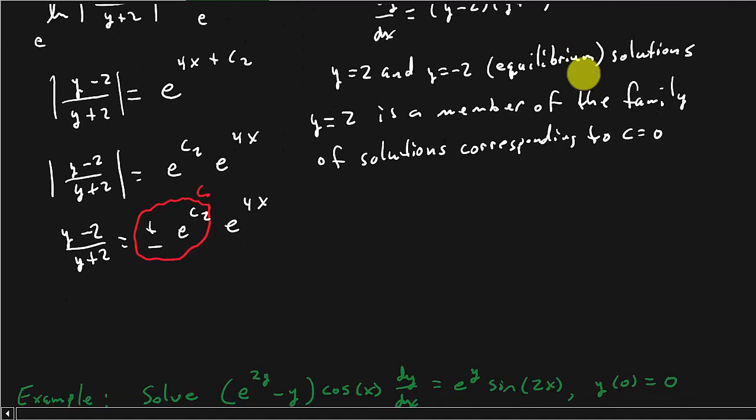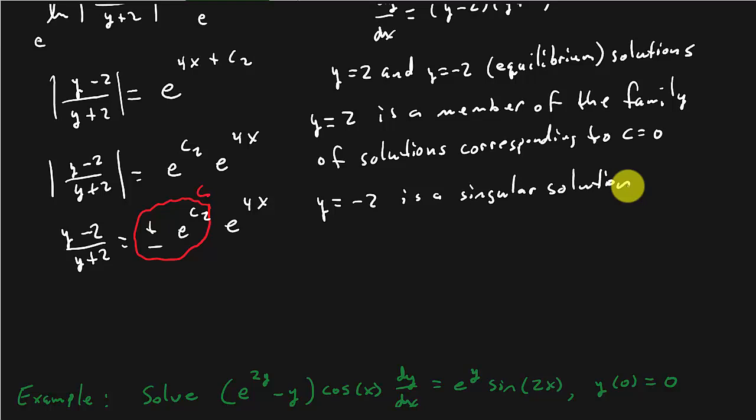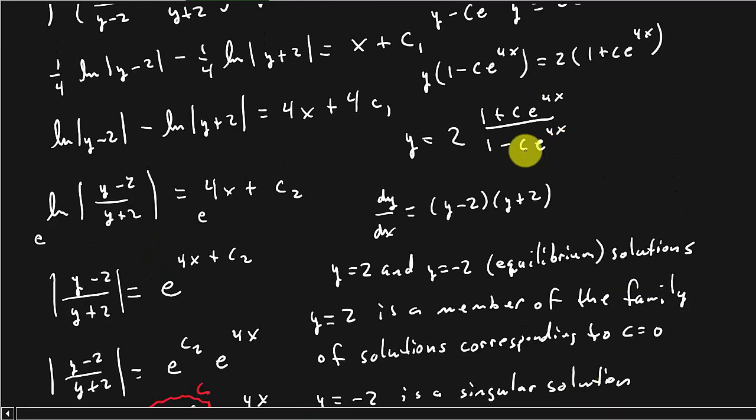Okay, now we have y equals negative 2 is a singular solution. This cannot be obtained for any choice of c. Whatever we want to make c, it's not going to be satisfied.